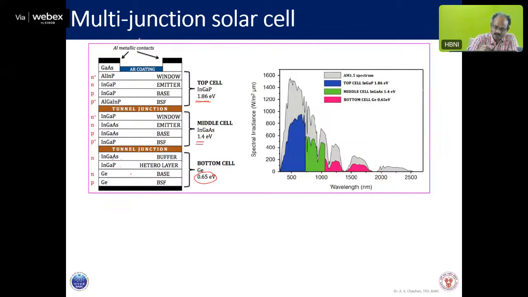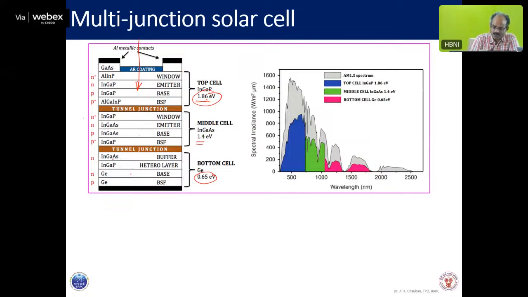So what happens when light falls at the top: up to 1.86 electron volt, the spectrum is absorbed inside this solar cell. However, the energy which is lower than 1.86 electron volt will be totally transmitted through this solar cell, and it will go into the next one.